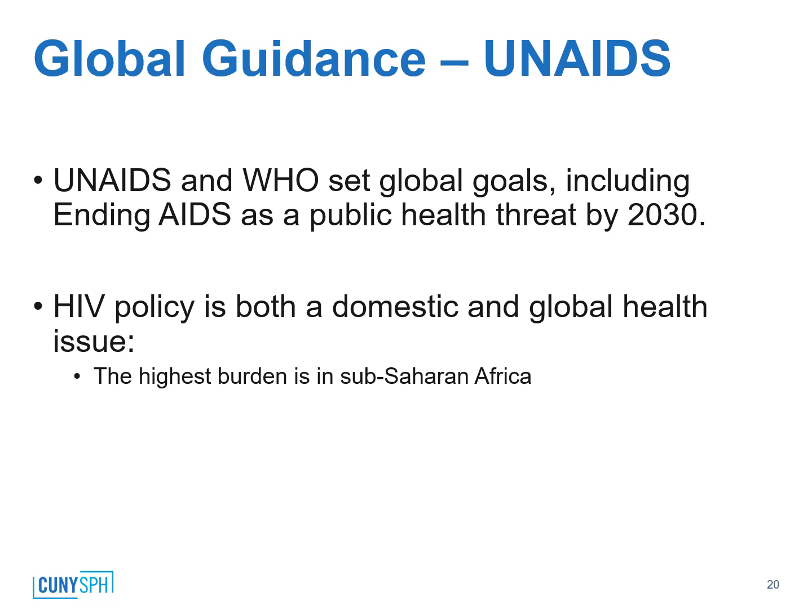Globally, UNAIDS and WHO have set the goal of ending AIDS as a public health threat by 2030. This reminds us that HIV is not just a US issue, it's a global health policy challenge, and the highest burden of HIV is in sub-Saharan Africa, where many innovations are made both in policy and medicine.